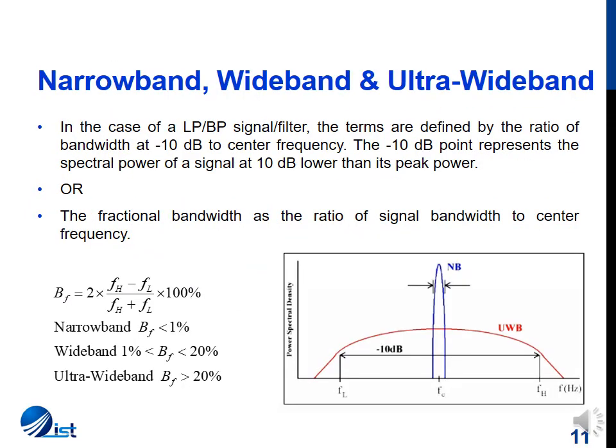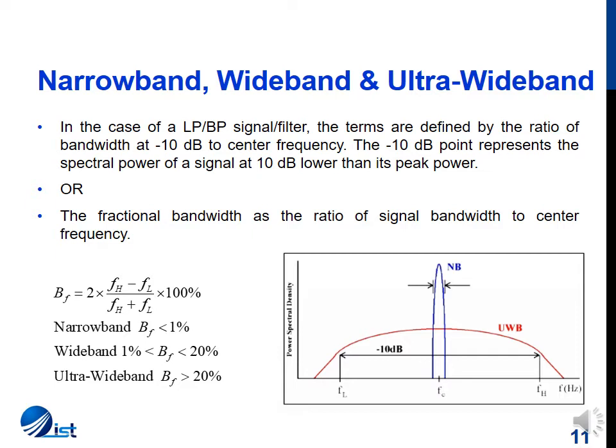More frequency domain definitions. We have the terms narrowband, wideband, and ultra-wideband signals or filters. These terms are described for a low pass or a band pass signal or filter. They are defined by the ratio of bandwidth at minus 10 dB to center frequency.